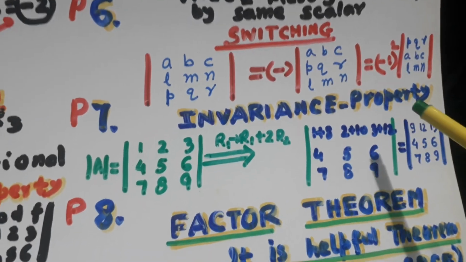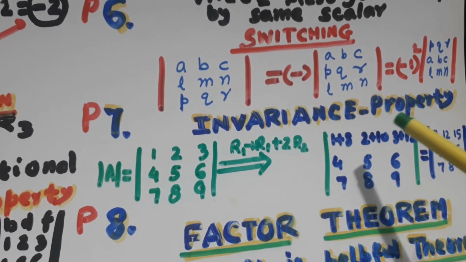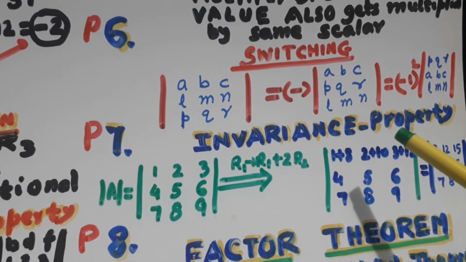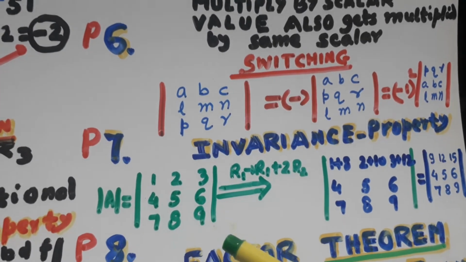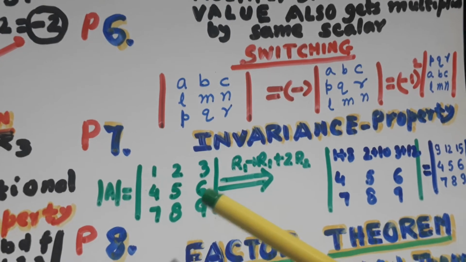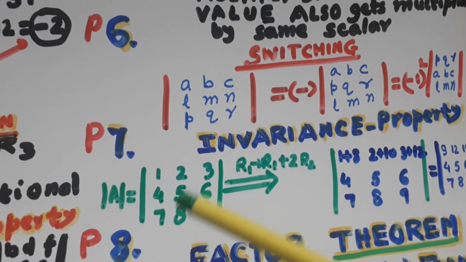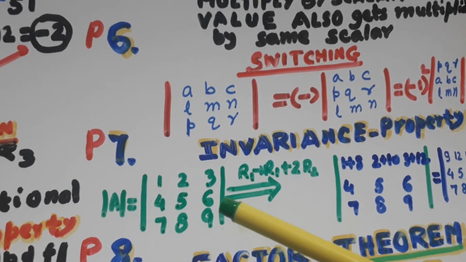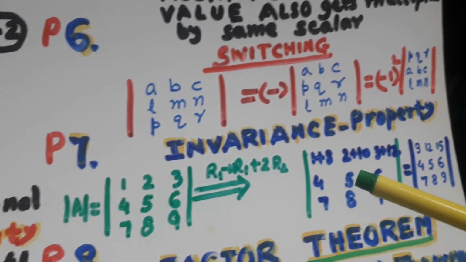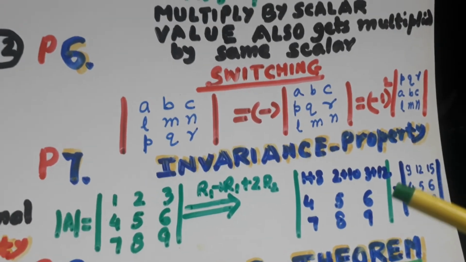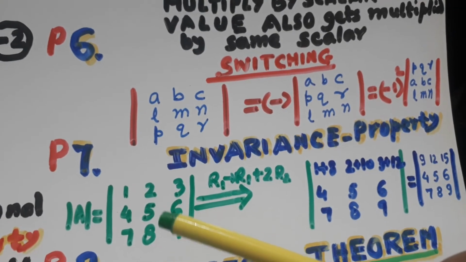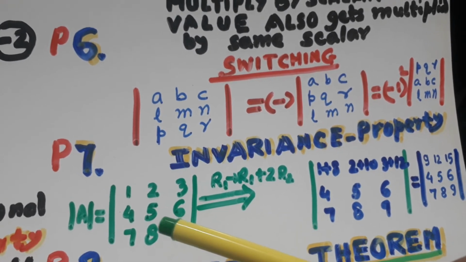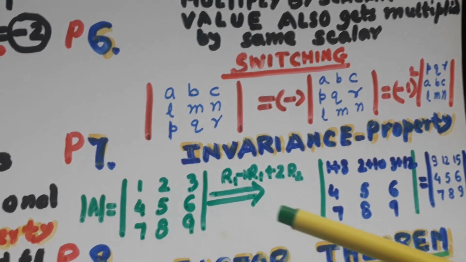Then invariance property. I stands for invariance. So in the invariance property, you can add any row to any row, or any multiple of any row, and the value of the determinant remains the same. Now look here. The example is 1, 2, 3, 4, 5, 6, 7, 8, 9.